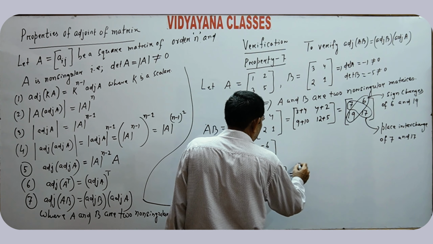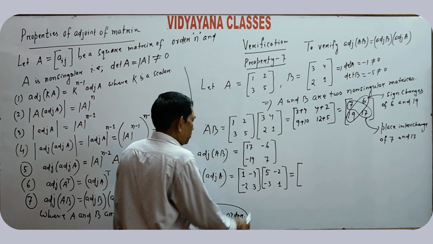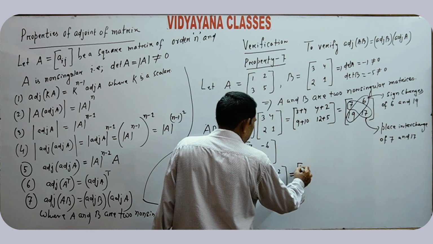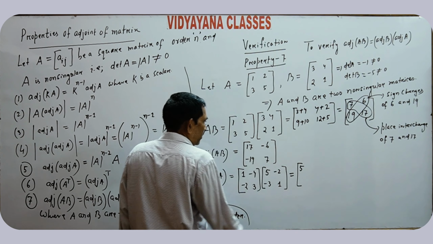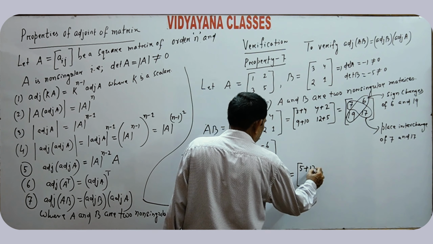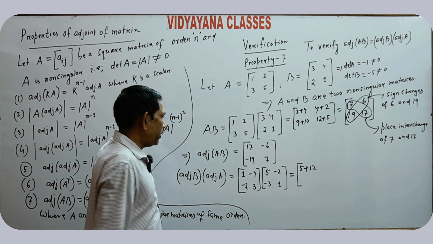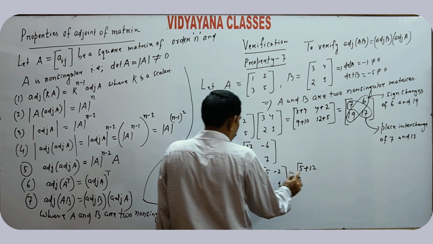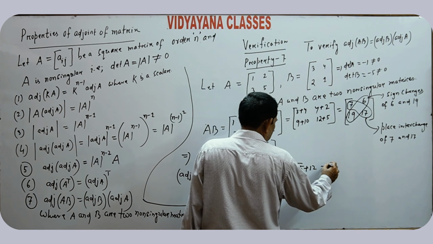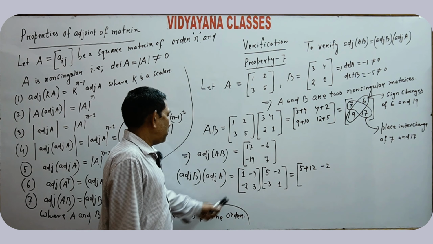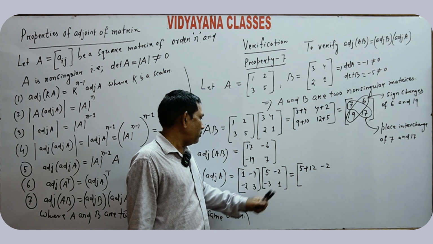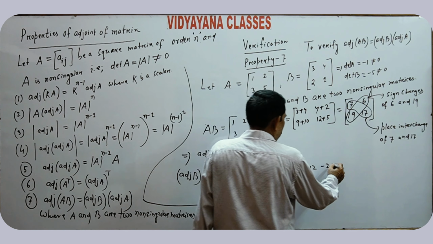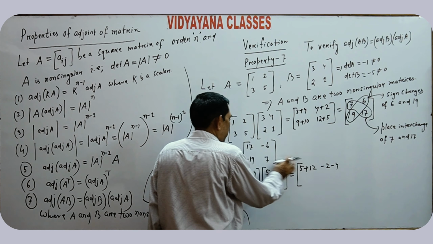Now multiplying the two matrices: 1 into 5, that is 5, -4 into -3, that is 12, it gives 17. 1 into -2 is -2, -4 into 1 is -4, it gives -6.